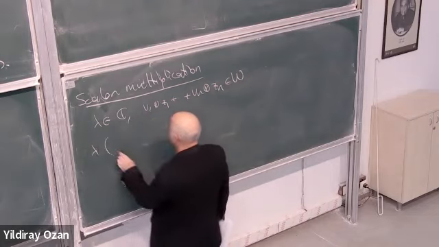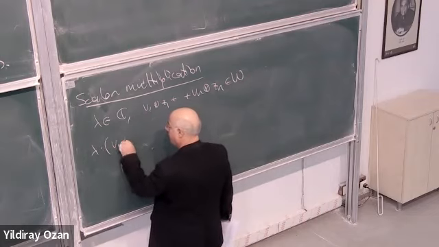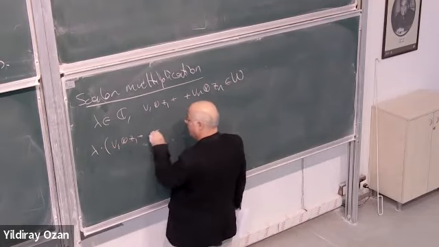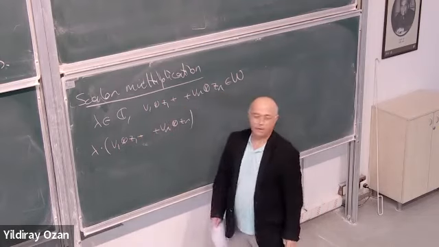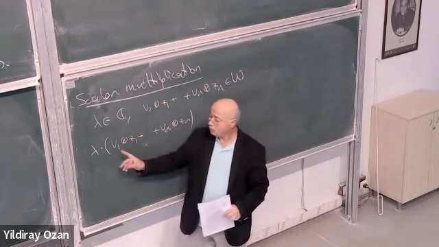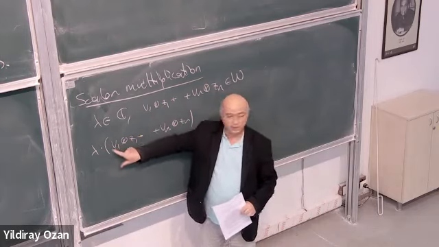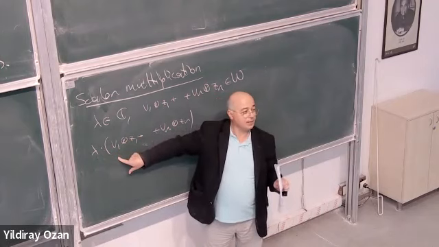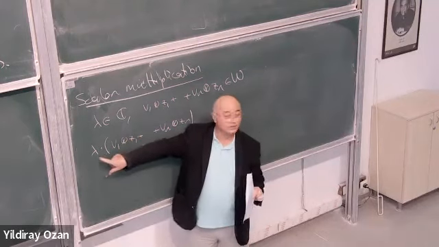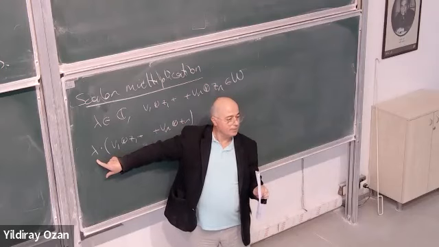So lambda times this gadget. I don't know how to multiply this gadget by lambda, right? Because this is an element of a real vector space, and this is a complex number.